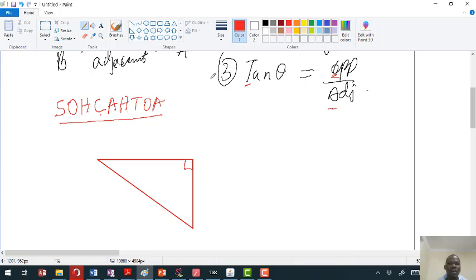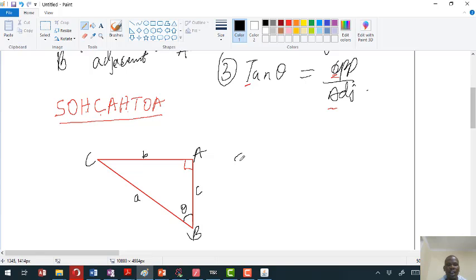Then it is ABC. I have A, B, C, and I want to call this one the reference angle, theta. Then the sides are side B, side A, and side C. So can you write all the ratios?